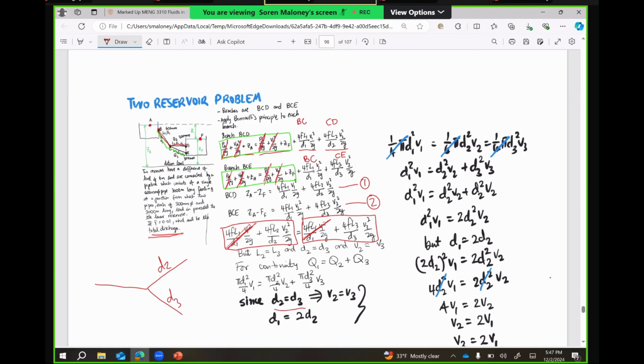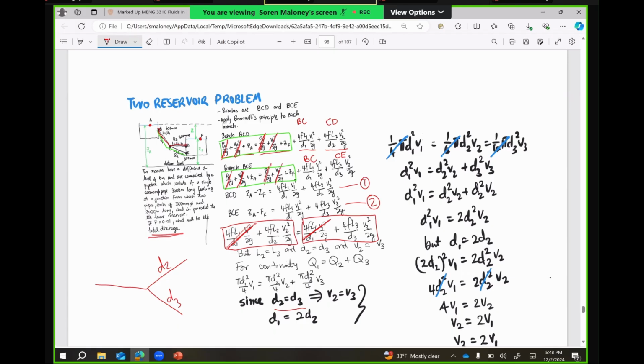So again, some of these things you have to pay attention to. This is common sense, right? So if D2 is equal to D3, now I can apply continuity as well. It means that D1 is equal to twice D2, or D1 is equal to twice D3, right?